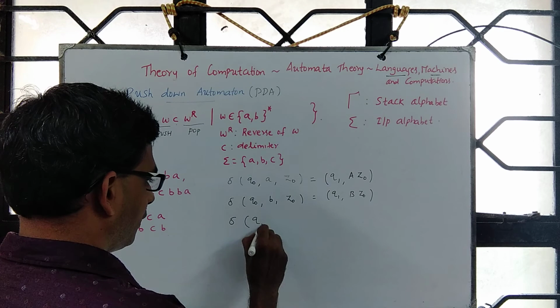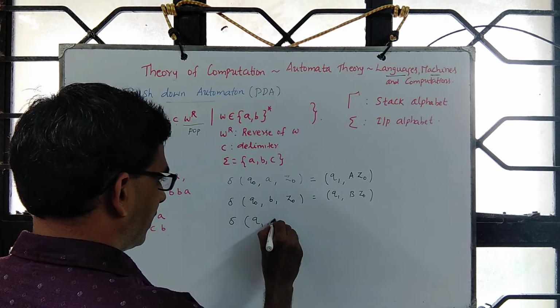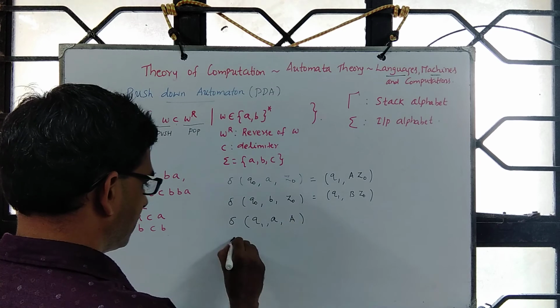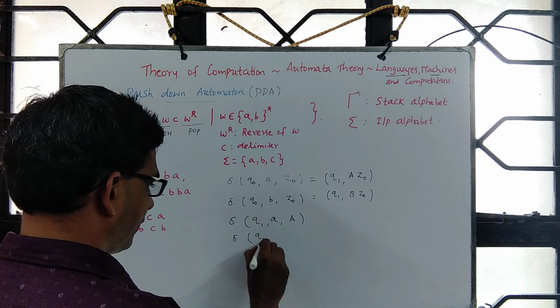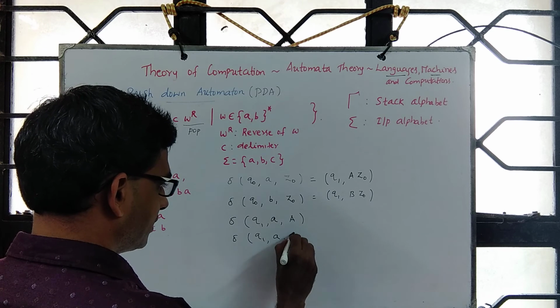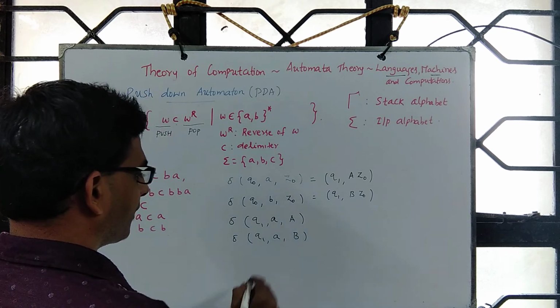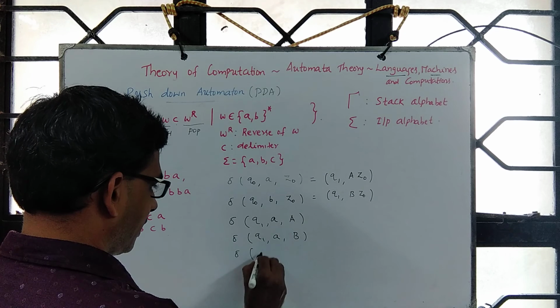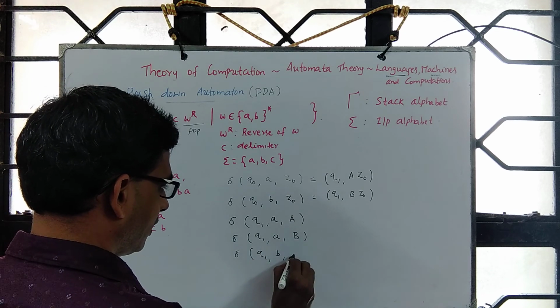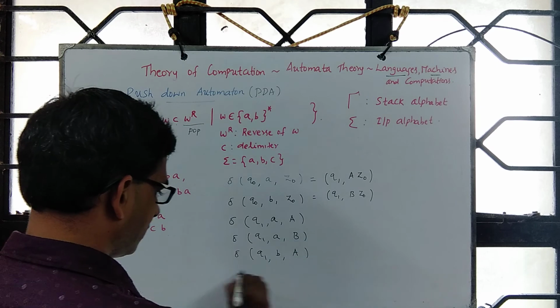Now I am in Q1 and I read A, top symbol is this, or I am in Q1, I read A, top symbol is B, or I am in Q1, I read a B, top symbol is this.